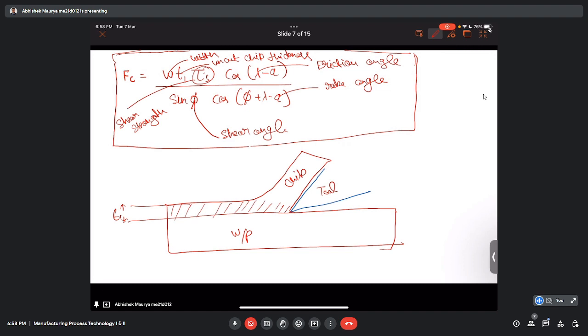Basically, if we are applying less force to cut the material, then we are removing or cutting the material with less force. It means less plastic deformation.